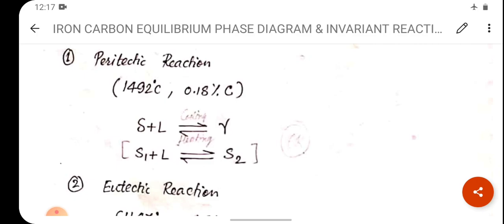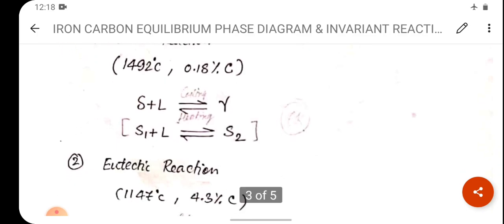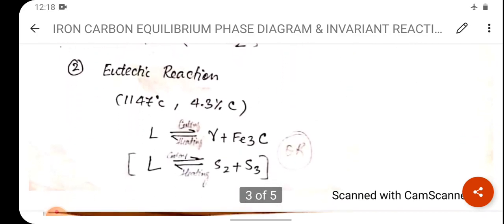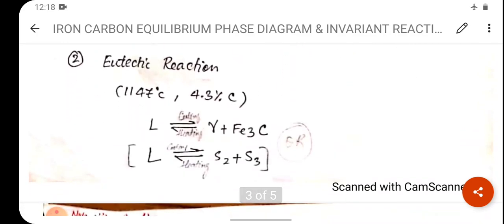Heating will give you liquid plus solid 1. So this is the first reaction, known as the peritectic reaction, which takes place at 0.18% carbon and 1492 degrees Celsius. Now the second reaction is the eutectic reaction.